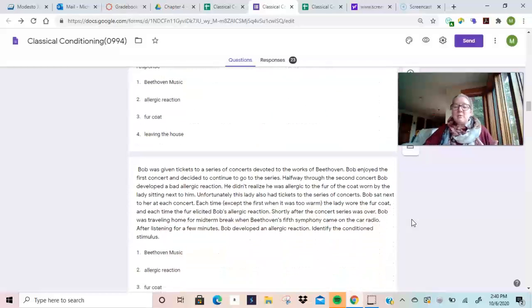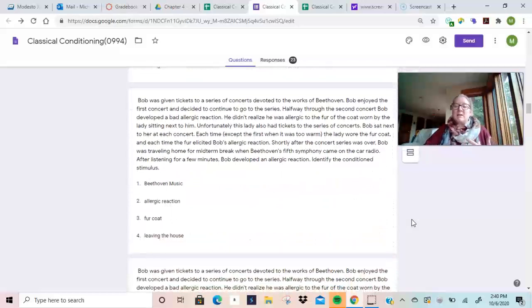So then, going on, he's driving and he hears Beethoven's Fifth Symphony, and he has another allergic reaction. So now the music has been paired with the presence of the fur coat. I know, crazy, isn't it? So Beethoven's music is now what we call the conditioned stimulus, because it just kind of goes along.